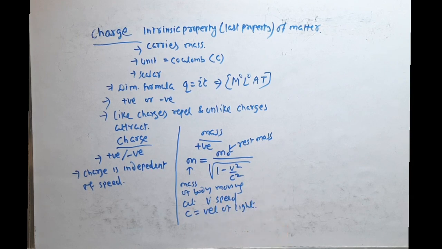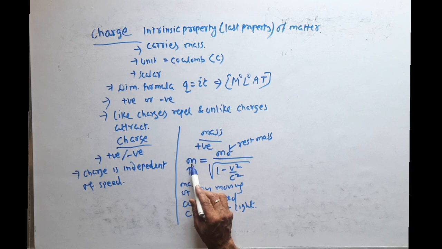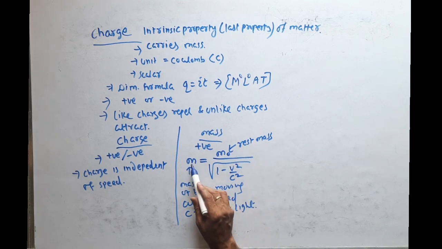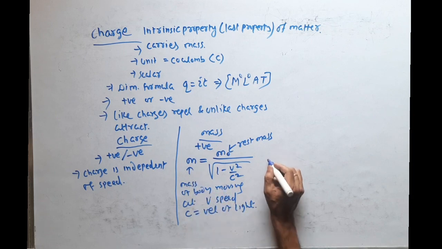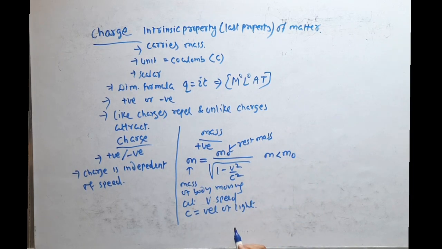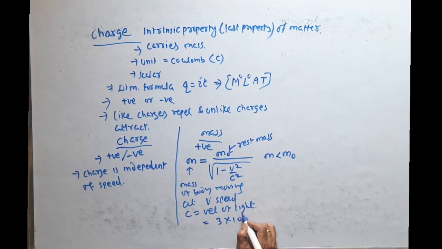Now see, this is the mass of a moving body. This is the mass of a rest body. So this mass of the moving body is always more than the mass of the rest body. Why? If there is a speed v, so v square, and c is very large. What is the velocity of light? 3 into 10 to the power 8 meter per second.